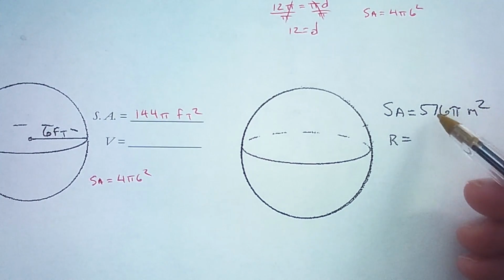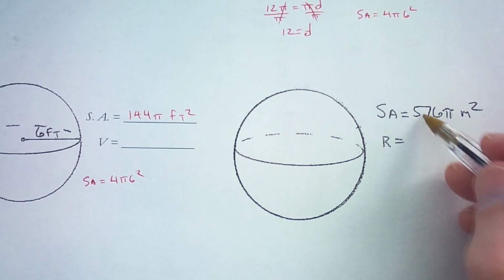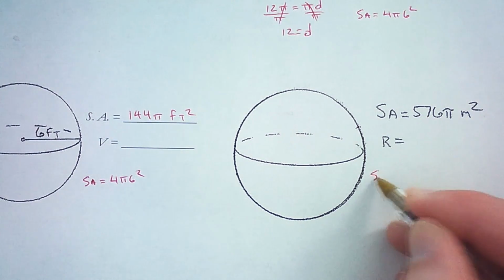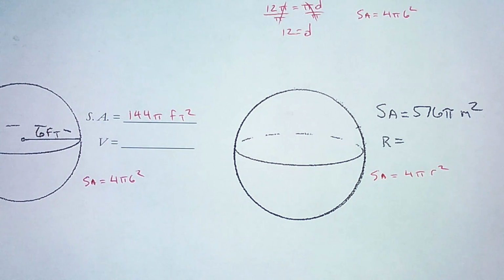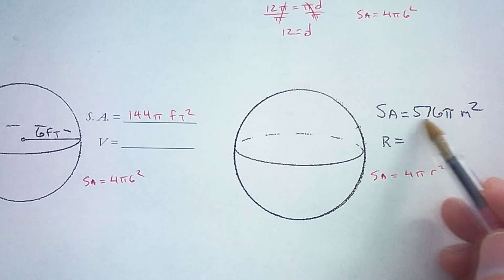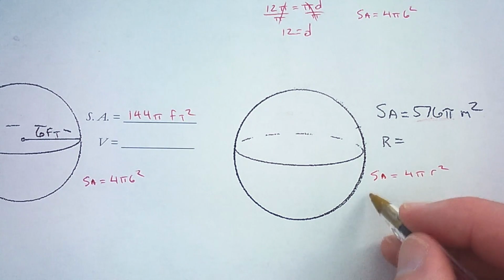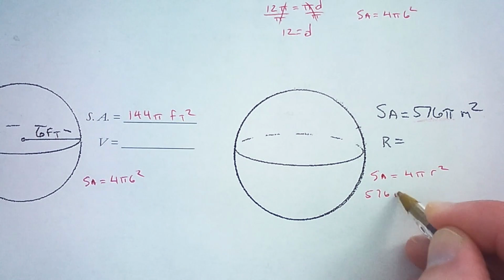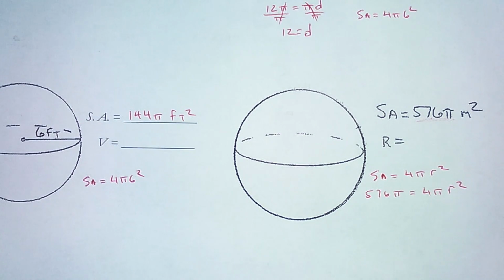Here we are given 576 pi meters squared as our surface area, and we want the radius. So the surface area formula is 4 pi r squared. And we know the surface area is 576 pi, so we can substitute that in for surface area. 576 pi equals 4 pi r squared.